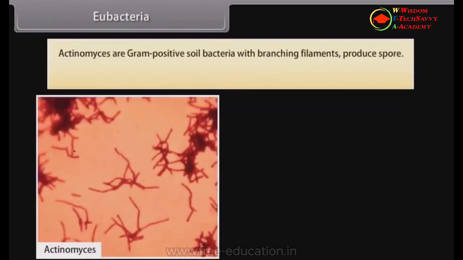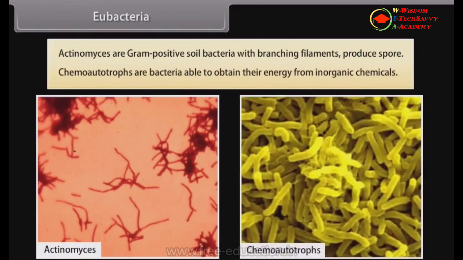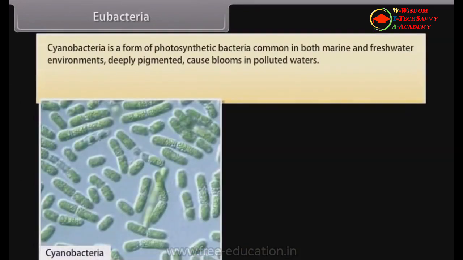Actinomyces are Gram-positive soil bacteria with branching filaments that produce spores. Chemoautotrophs are bacteria able to obtain their energy from inorganic chemicals. Cyanobacteria is a form of photosynthetic bacteria common in both marine and freshwater environments, deeply pigmented, and cause blooms in polluted waters.